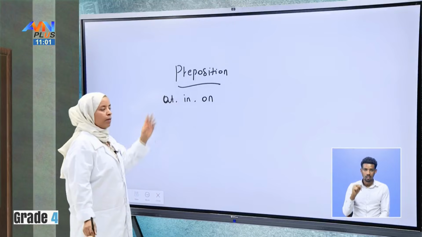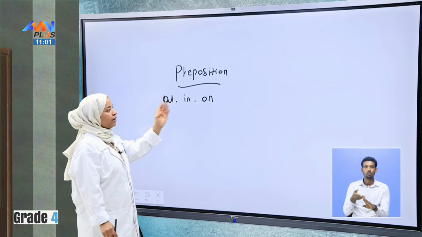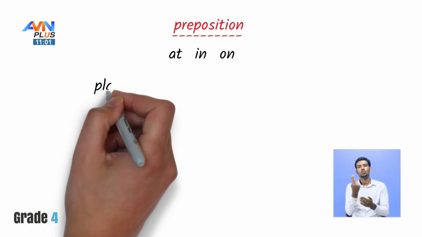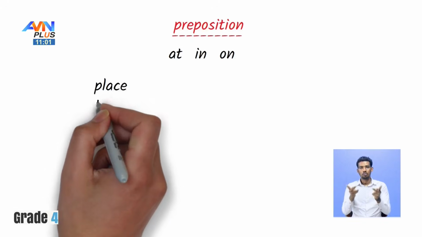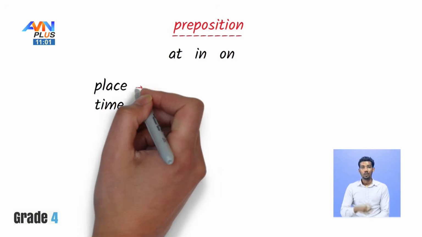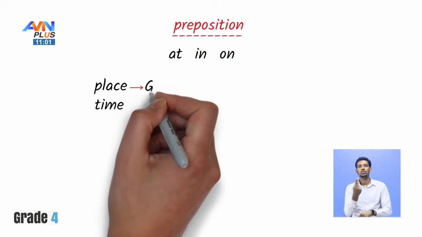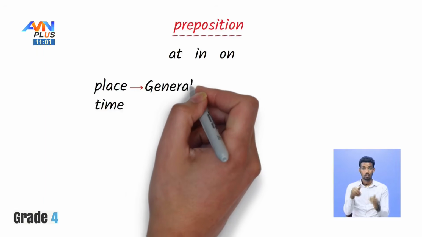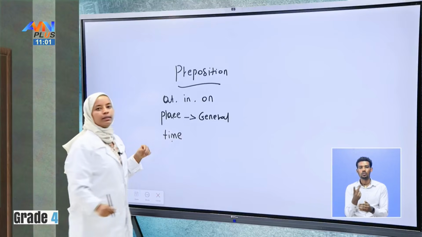With these preposition words, at, in, and on, with place and time. So when we come to in, we used in for general, for both place and time.